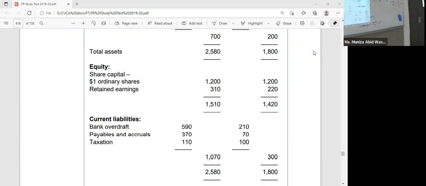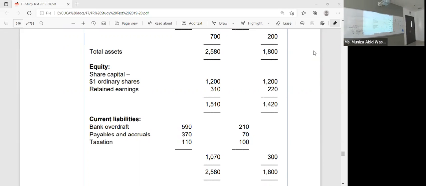It can be equity plus current liabilities also. It can be equity plus non-current liabilities also. It can be only equity also. So whatever your wish is, you can take according to that. So which one do you want to take? 1510. Okay, 1510 and 14 multiplied by.